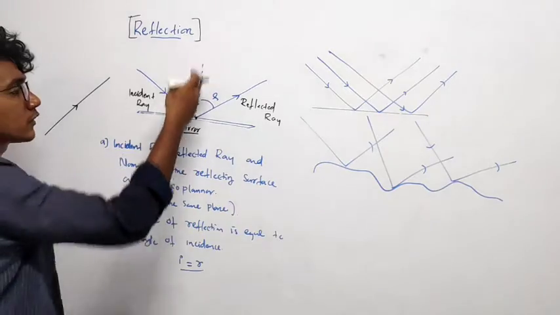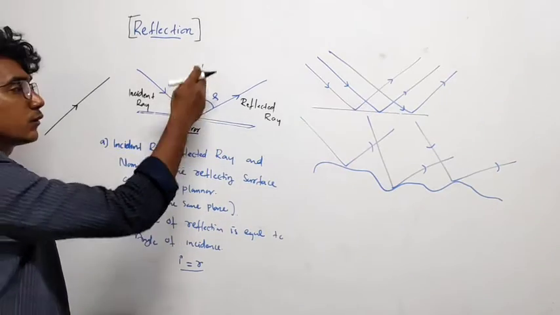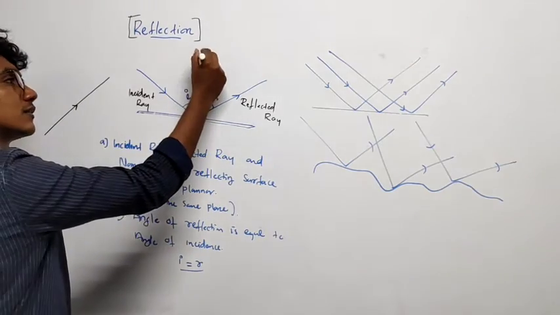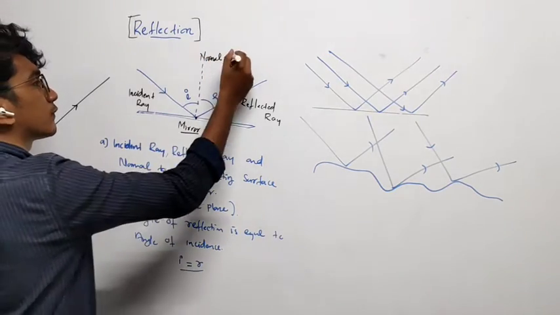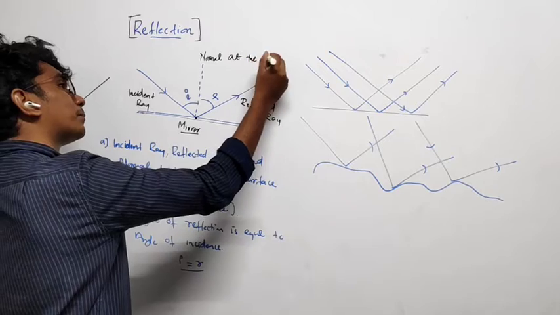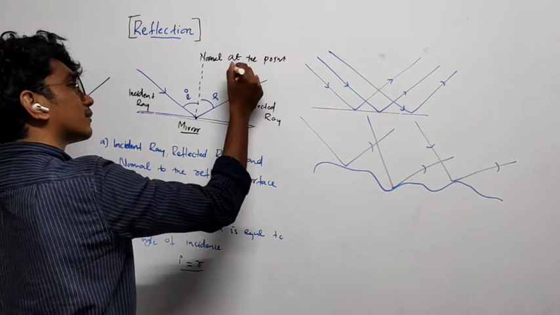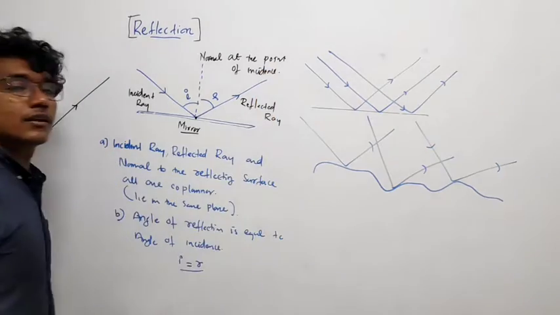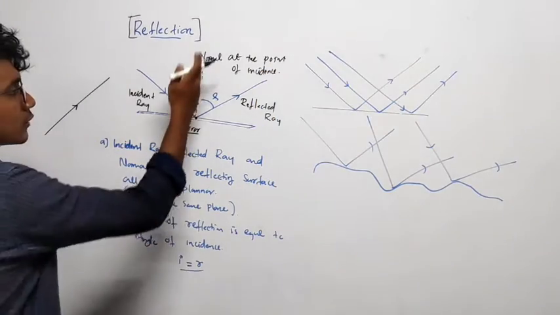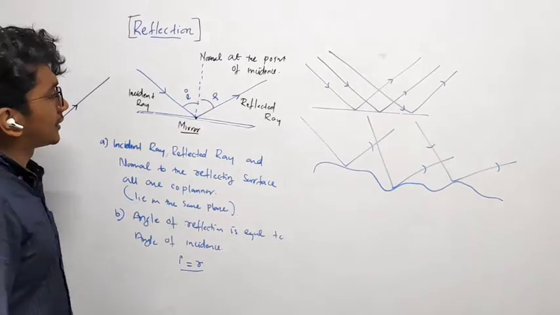And what about this line? You can see that this is a normal. This is a perpendicular line, the normal at the point of incidence.